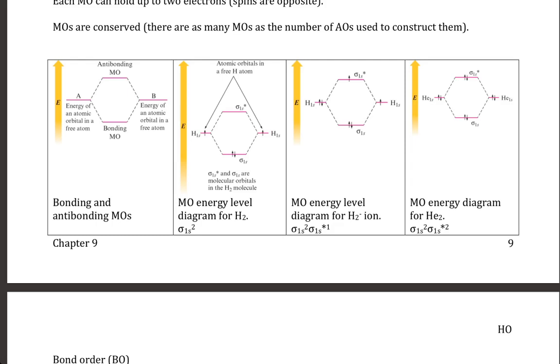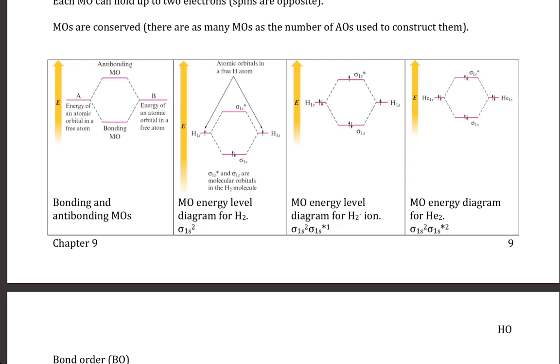The second diagram there specifically is for H2, the molecule, starting with 2 separate H atoms with their 1s electron. And then we draw the MO energy level diagram between the atomic orbitals, and the lower energy MO, the bonding MO, has the name sigma 1s.